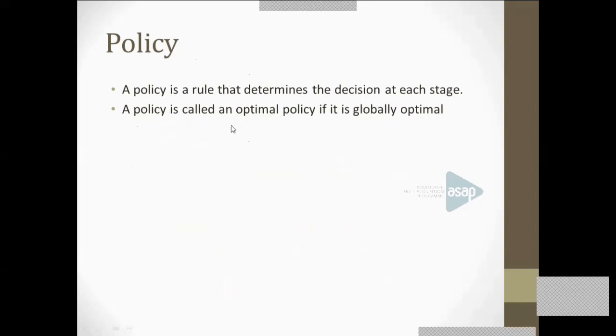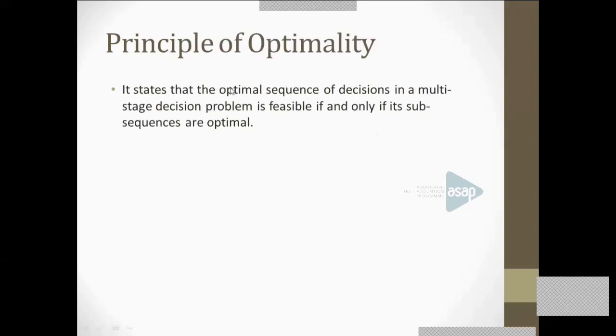And this policy, what you have designed just now, is called an optimal policy if it finally gives you the global optimal solution. Global means the solution for the complete problem. Then an optimal solution can be a solution to the subproblem also. Whenever we use the word global optimal, this is the final answer to the whole problem.